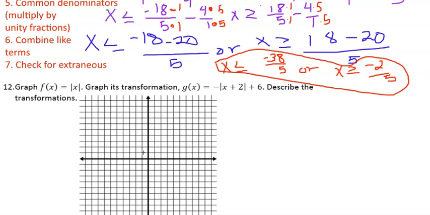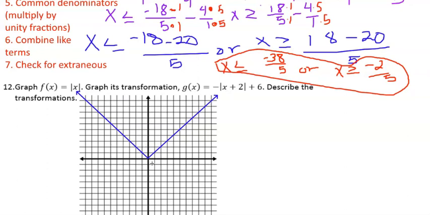So first in blue, I will graph the parent function f of x equals the absolute value of x. And then for the transformation, the negative means that it's reflected across the x-axis, so it's going to be opening downwards.